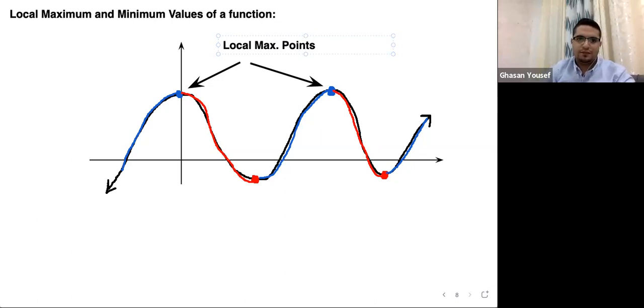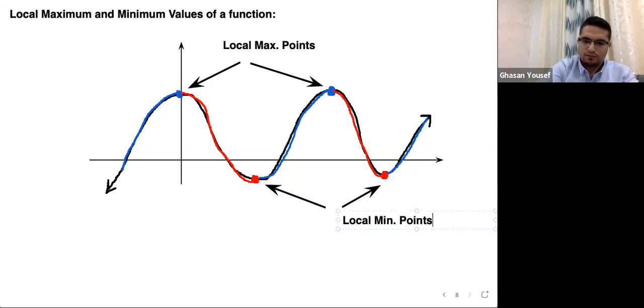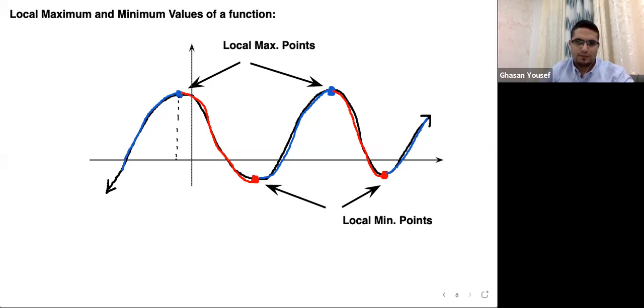And this point and this point are called local minimum points. So suppose this point here is A, this point is B, this point here is C, and this point is D.